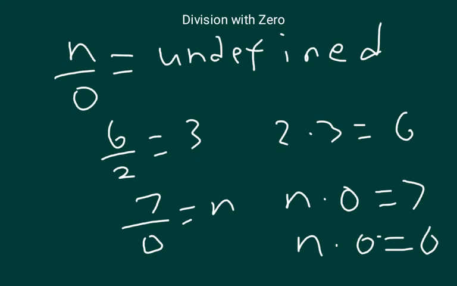So when we assumed that we could do this and get an answer, we got a contradiction over here. And in logic and in math, if you make an assumption and get a contradiction, logical reasoning tells you that your assumption was incorrect. So it's incorrect to assume that 7 divided by 0 is any number, because it's actually not. Any number divided by 0 is undefined. So don't try this. No division with 0 is permitted.